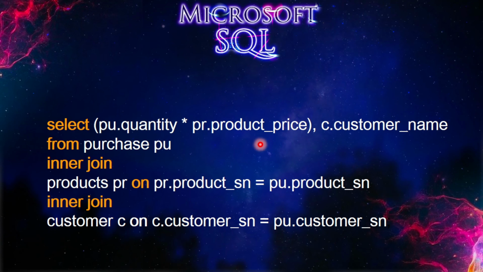Let's at first also use the database, so that I can make sure that SQL is accessing this database, not another one. Select star, which is an asterisk, from products, and if we run it, we get all values, all records from this table.